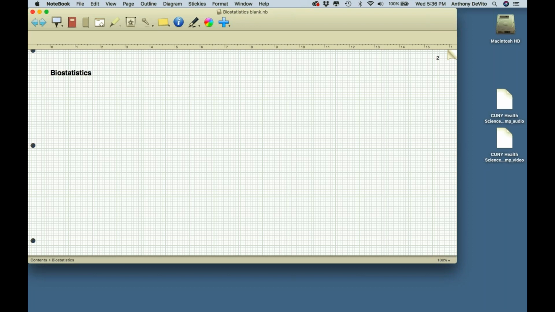Let me get organized here so that this thing's working. Try the other port.